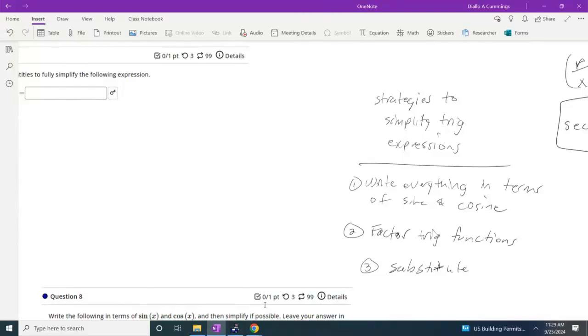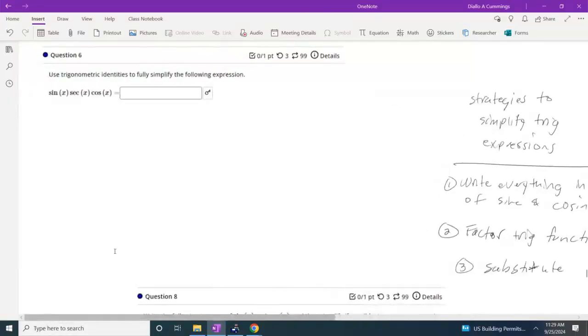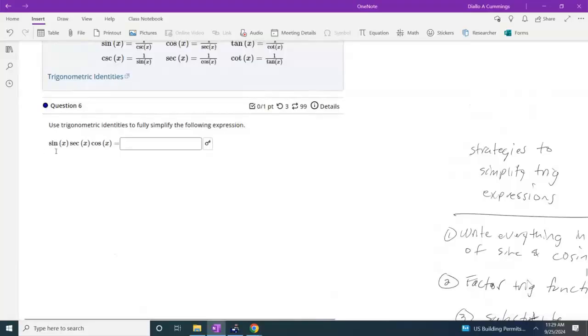Now, if you can't write it in terms of sine and cosine, that's okay. But everything that can be written in terms of sine and cosine, we're going to write it. So as I look at this expression, I have the sine of x, and that's already in terms of sine, so I'm going to simply bring that down.